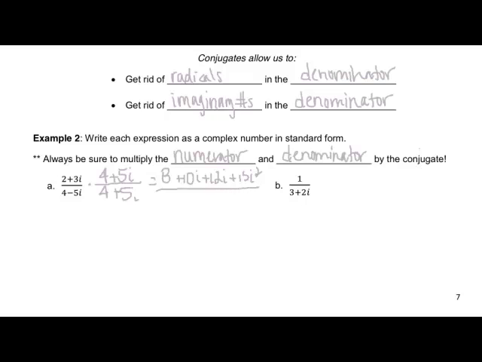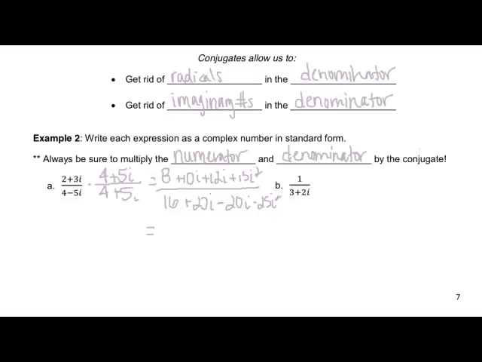Then in the denominator, I'm going to do the same thing. 4 times 4 is 16. 4 times 5i is plus 20i. Negative 5i times 4 is minus 20i. And negative 5i times a positive 5i is a negative 25i squared.